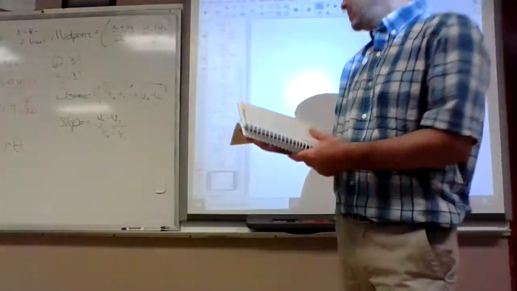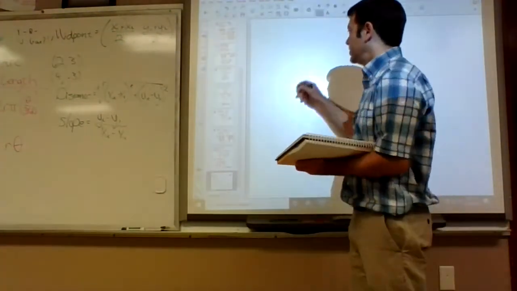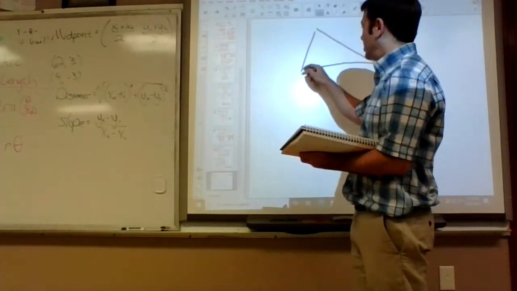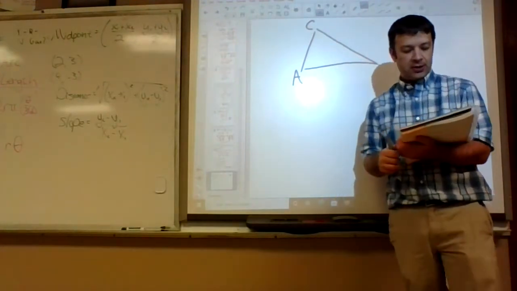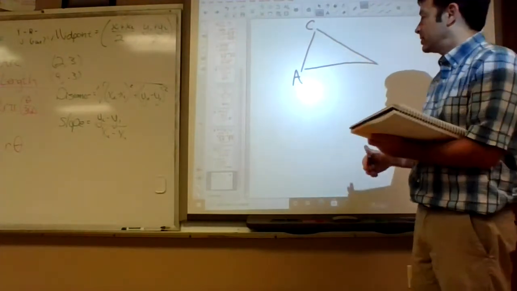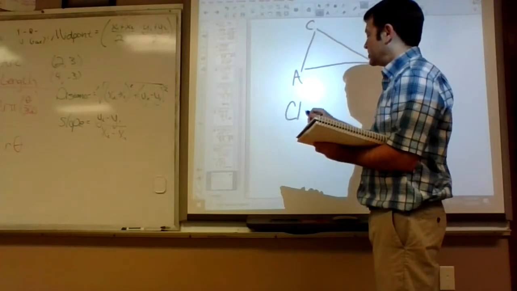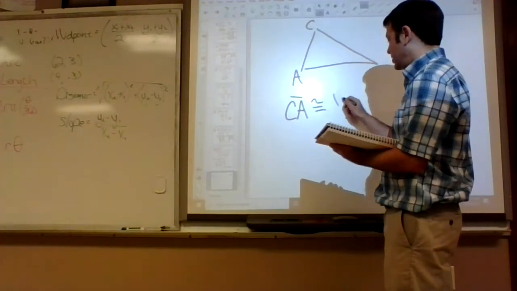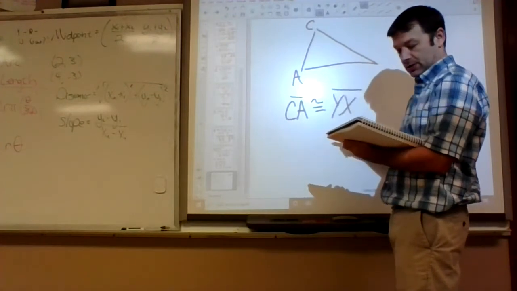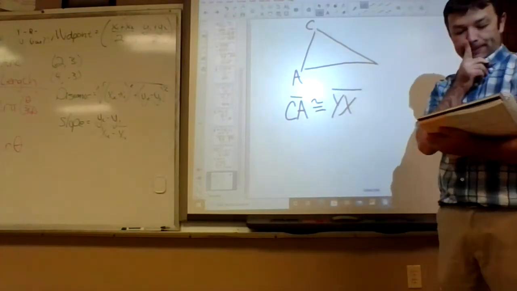Side CA of the triangle. Now we don't have a picture of the triangle, but whatever CA is on the triangle, segment CA, that's going to be congruent to segment YX on the other triangle, right? So we're going to say segment CA is congruent to segment YX. What else? What other segments are congruent?